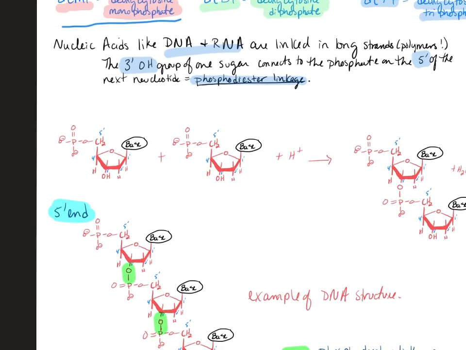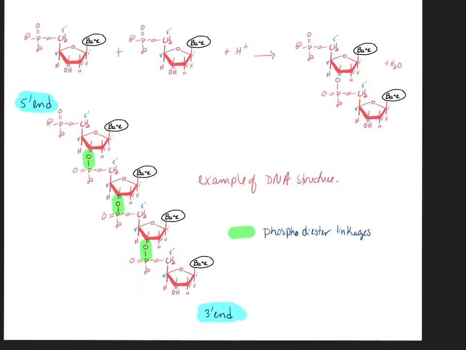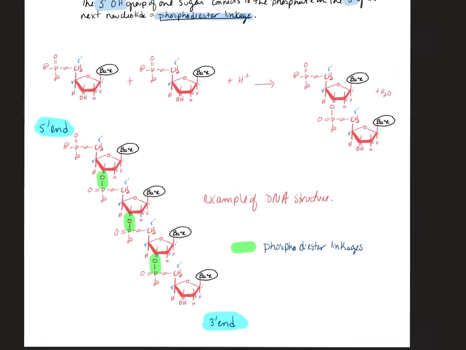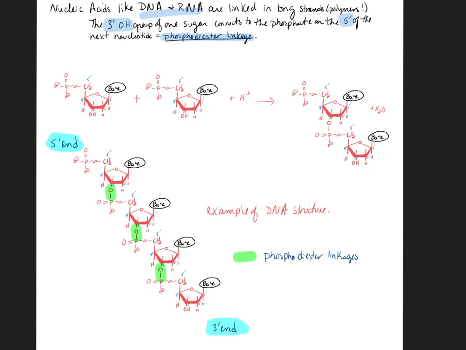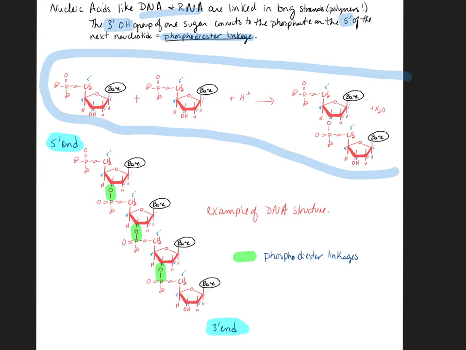Well, let me show you what that looks like, okay? So if I scroll out here, there we go. Let's see if I can get all that on one page. There we go. So here's what happens. Let's look at the top part first. As I said, we're looking at the 3' OH of one sugar connects to the phosphate on the 5' of the next nucleotide.